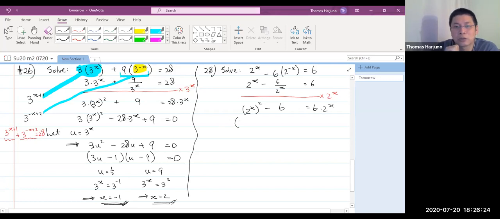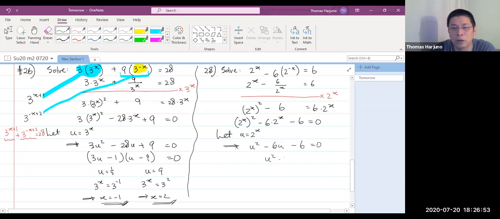That's 2 to the x being squared minus 6 times 2 to the x minus 6 equals 0. Okay, now I see that this is a quadratic-like equation. I let u equal 2 to the x such that the equation becomes u squared minus 6u minus 6 equals 0. Oh, I can use completing the square.